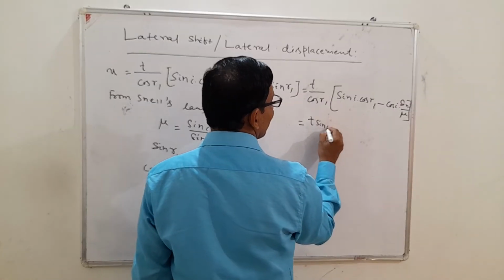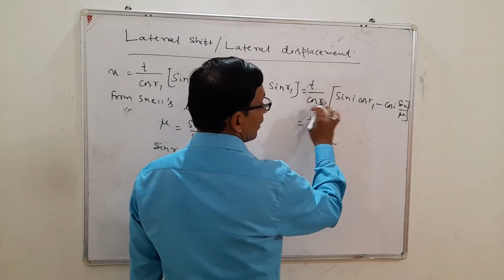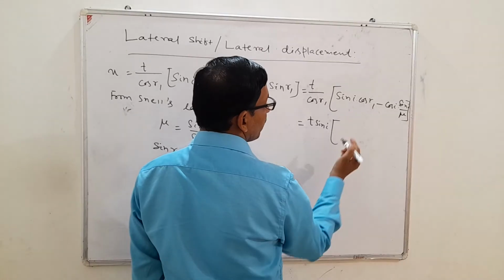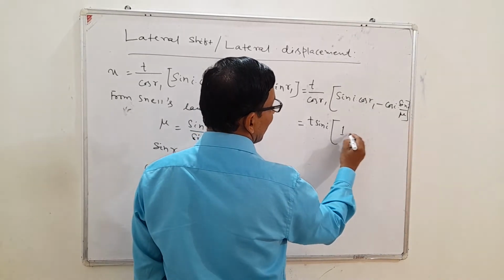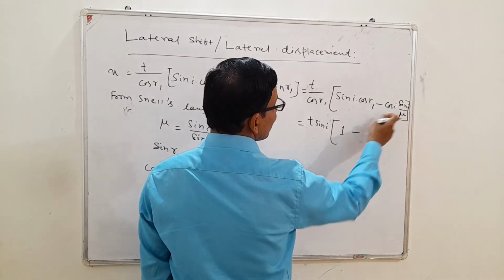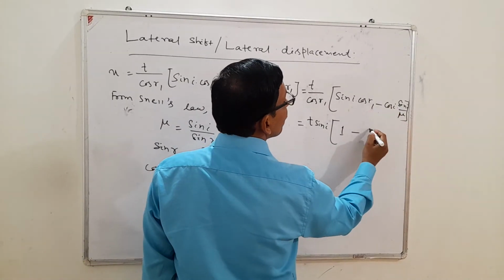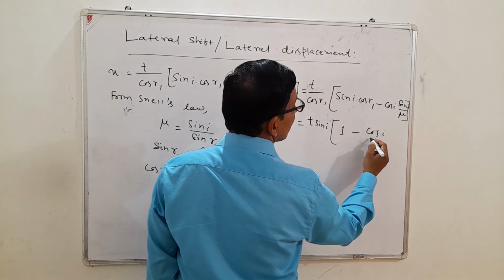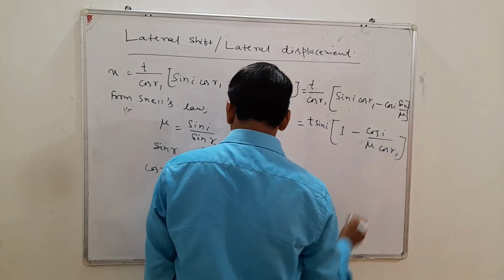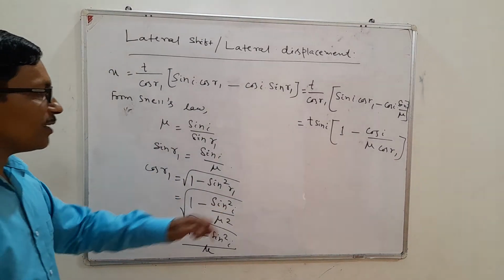So t sin I, and inside you will get 1 minus cos I divided by mu cos R1. Now I will put the value of cos R1 there.